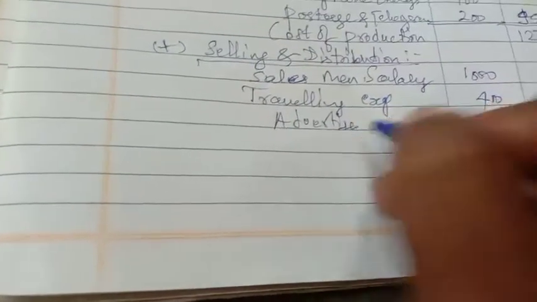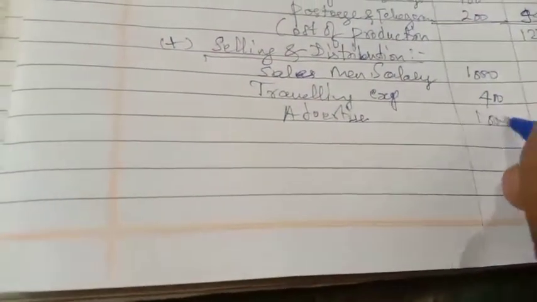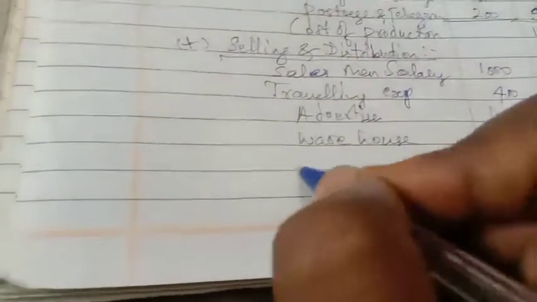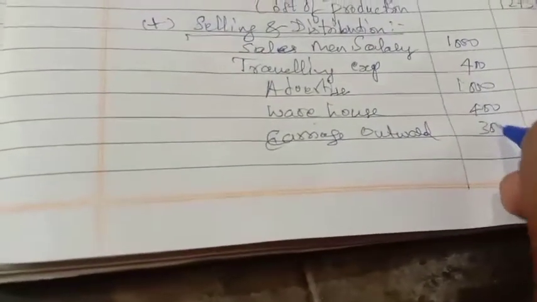Advertisement 1000. Warehouse 400. Carriage outward 300.